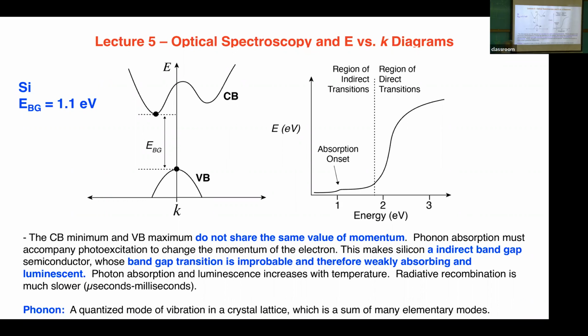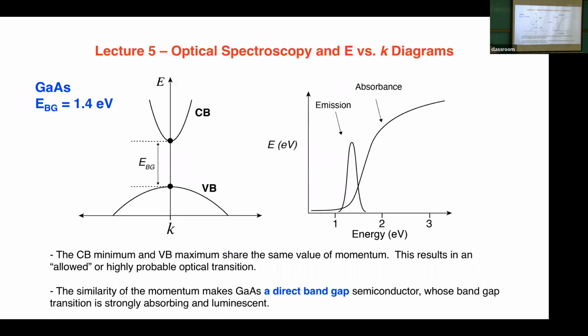And what that means is that the luminescence of silicon can actually become brighter as you heat the sample. Radiative recombination in this material system is more like microseconds to milliseconds. That's really slow. Radiative recombination of gallium arsenide is going to be more like nanoseconds.